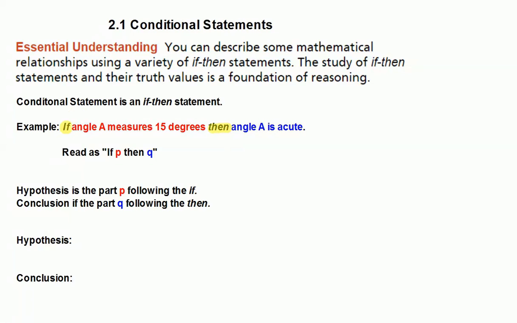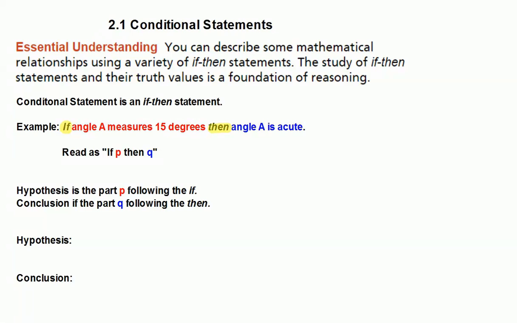So a conditional statement has an if and a then. Okay? Alright, we read this as if P then Q. So the P is going to be what's in red. The Q, the angle A is acute, that's going to be the last part.